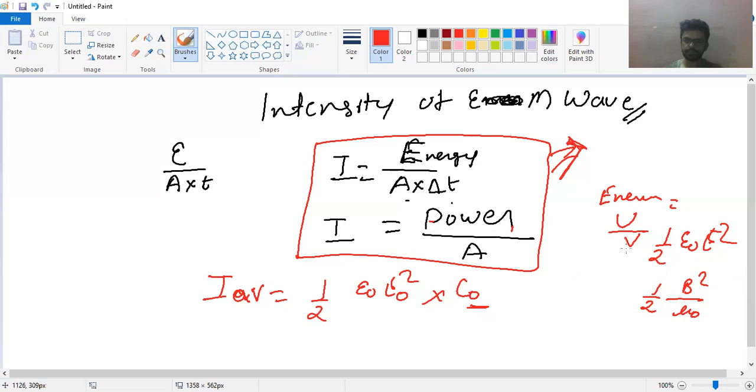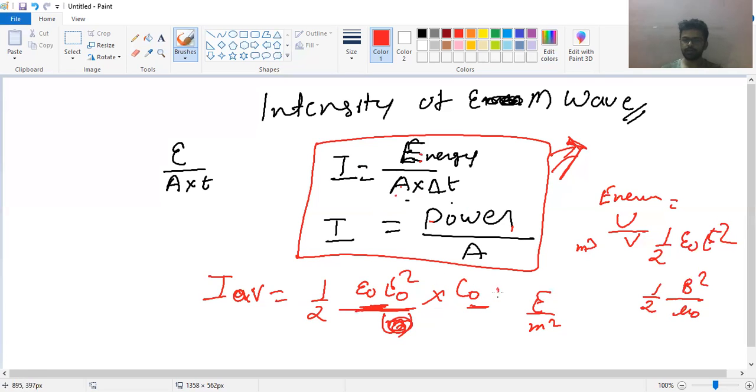Energy density is energy per unit volume. Here it is energy per unit area, which means meter square is there, and we are placing energy by meter cube. So 1 meter is extra that we are placing over here, so we have to cancel it.